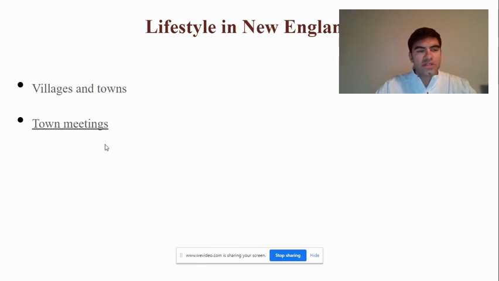So you're also going to see town meetings being held bi-weekly in the New England region in several areas throughout the 1700s. And what those town meetings were, they kind of expanded off the Mayflower Compact. Remember when all the pilgrims are going to agree to meet weekly or bi-weekly and establish laws for the good of the colony to keep everything running very smoothly.